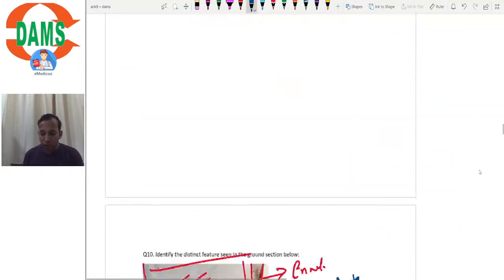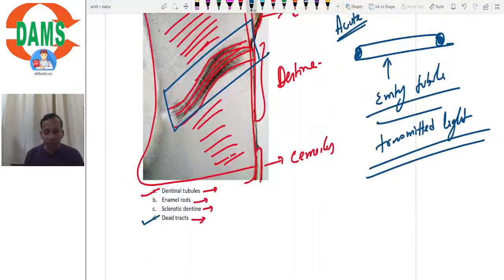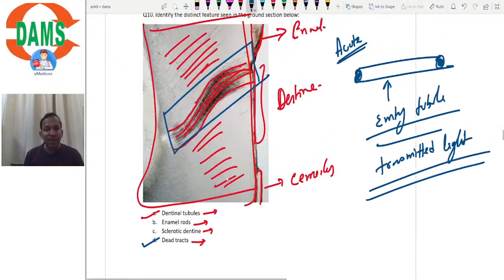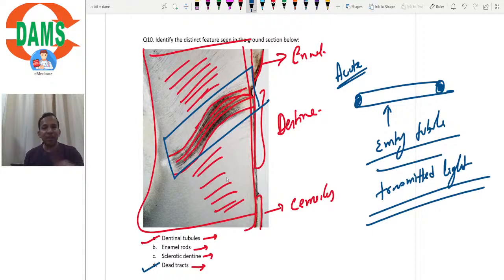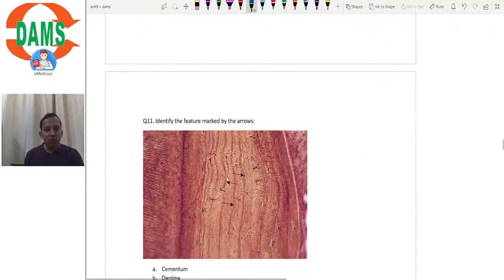So though the entire tissue is comprised of dentinal tubules, we will not choose option A as the correct answer. The distinct feature, that is the central tissue which shows dead tracts, would be the correct option. Let's go to the next question.